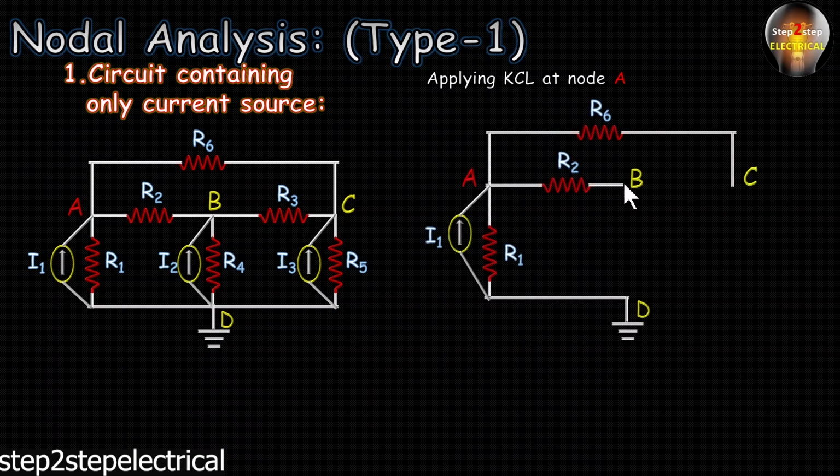Here I have omitted all other elements that have no concern with node A. Now let's write the KCL equation. Before that, we will also assume the currents.